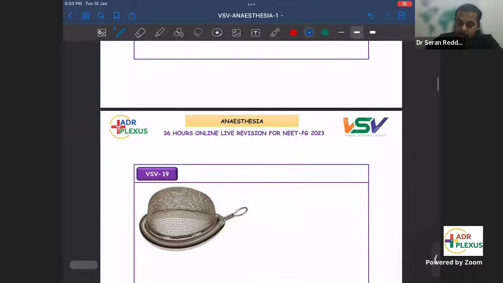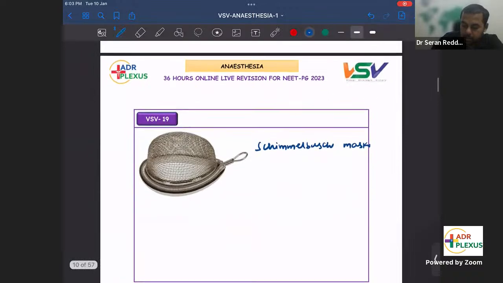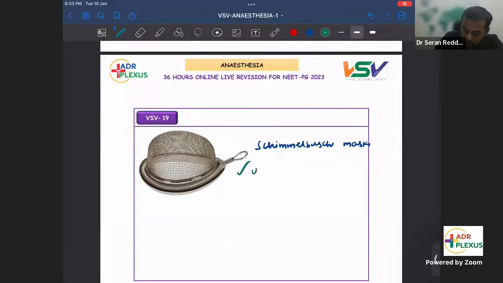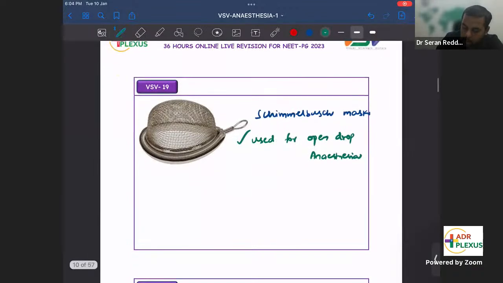Then this is called the Schimmelbusch mask. In olden days, it was used for open drop anesthesia, for ether and chloroform.